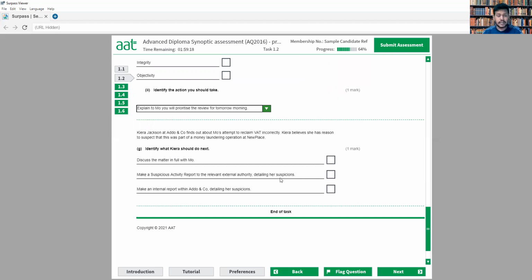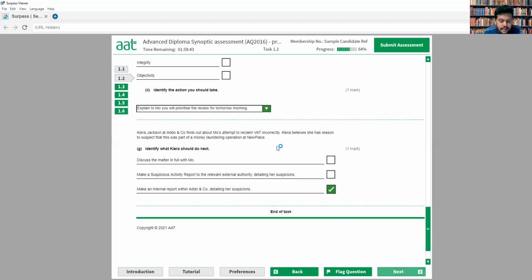Never do that. Never tell the external authority immediately without letting people internally know, the people authorized for money laundering matters. Make an internal report within Adu and Co detailing her suspicion. This is the one we're going to do. If I have anything suspicious, I'm going to raise a concern internally first, and if it is not solved, then I'll think about the external. First I'll think about internally.